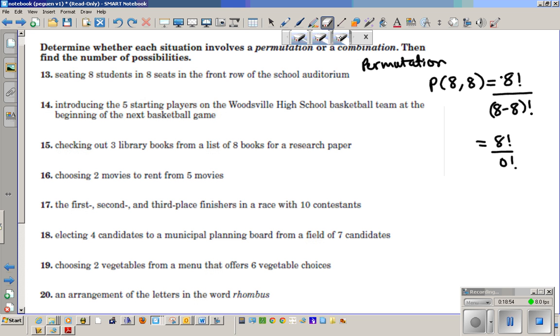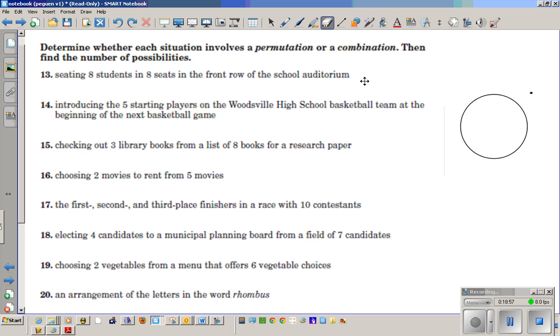Alright, moving along, let's take a look at number 14. Introducing 5 starting players in Woodsfield High School team at the beginning of the next basketball game. When you introduce people, you have to call someone first, the next person second, third. You can't introduce everybody at once, right? You have to introduce them in a certain order. So when you're introducing people, order is important here. So this is a permutation problem.